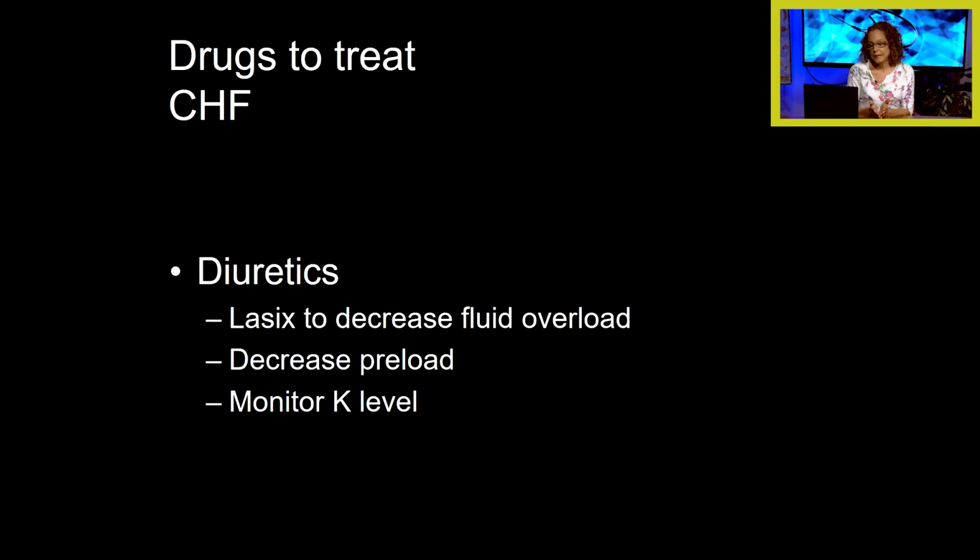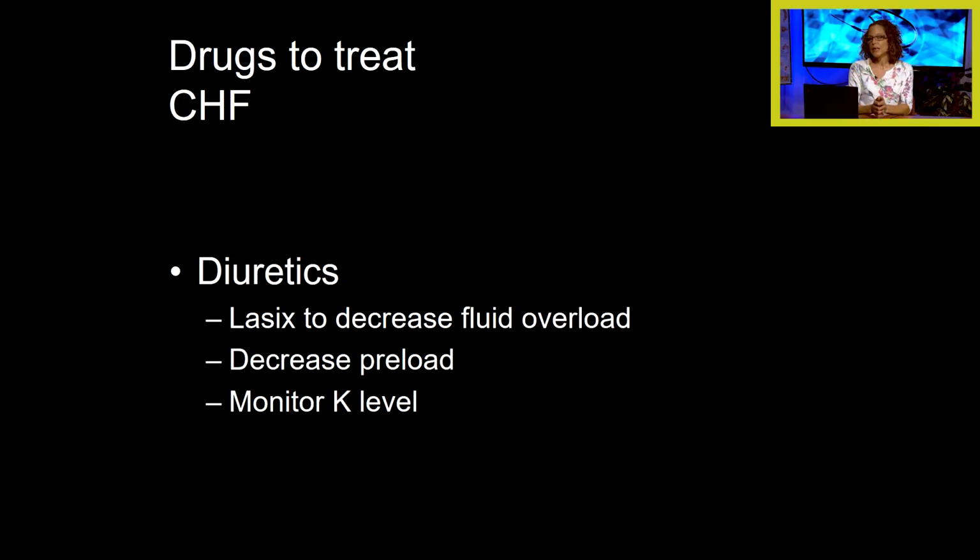So, drugs to treat congestive heart failure. Diuretics: Lasix is going to decrease that fluid overload, right? Because it's going to get that patient increasing urination to get fluid off the body. It's going to help decrease that preload.